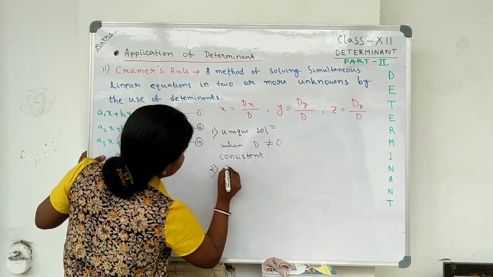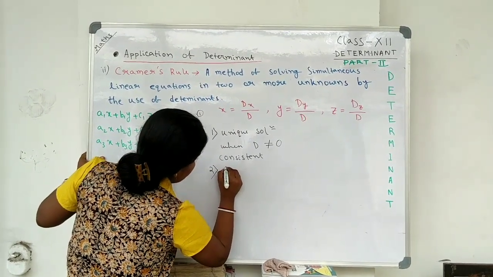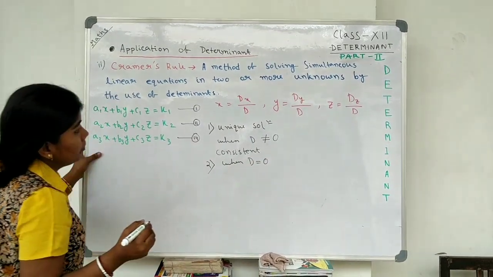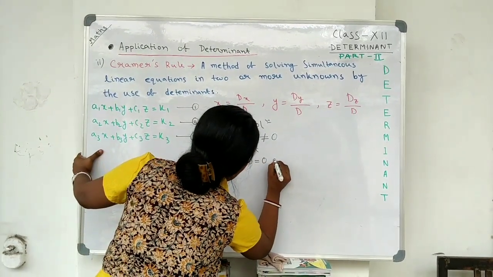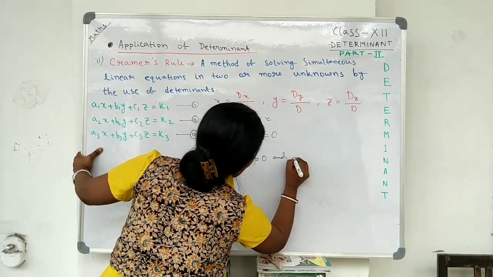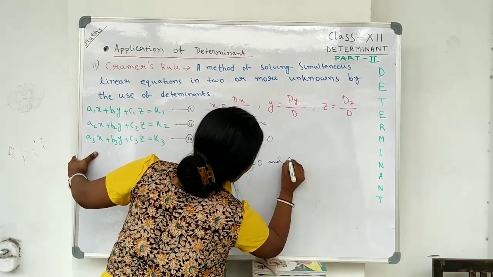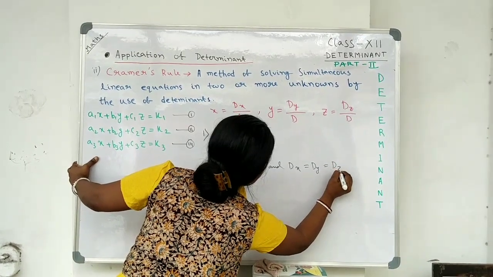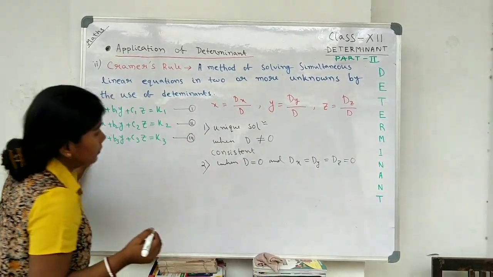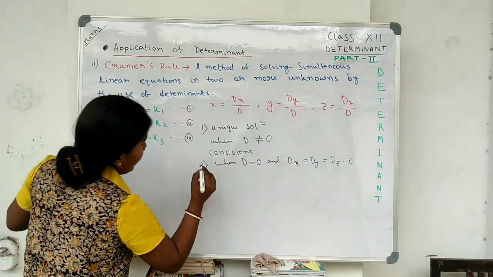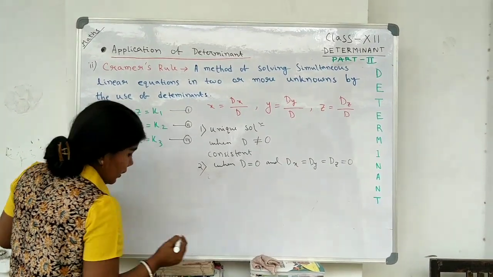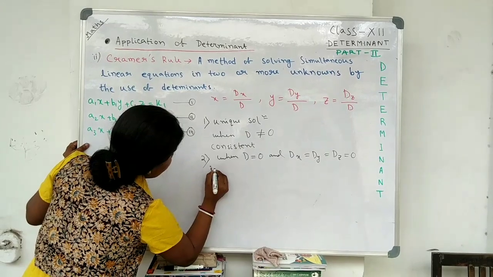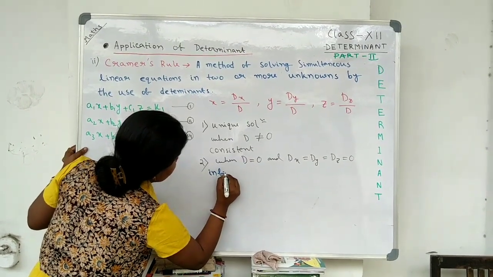Now, when D equal to 0 and all Dx, Dy and Dz equal to 0, the system will have infinitely many solutions, infinite number of solutions.